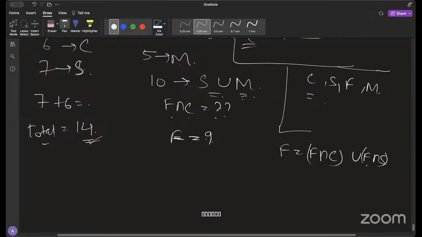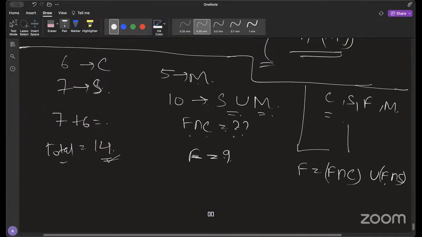Straight hair with union male, ma'am, we will subtract that, right? 14 minus 10 is 4.